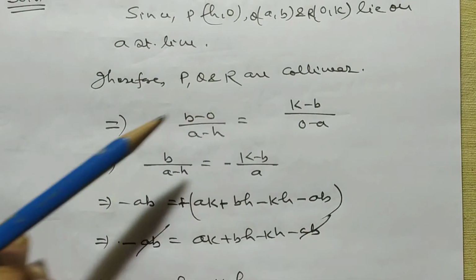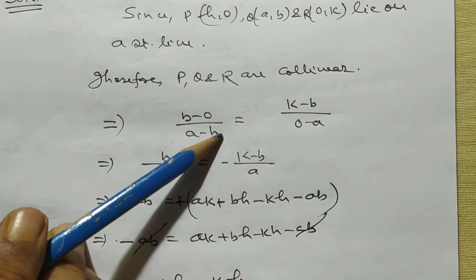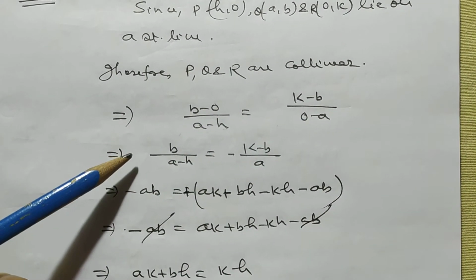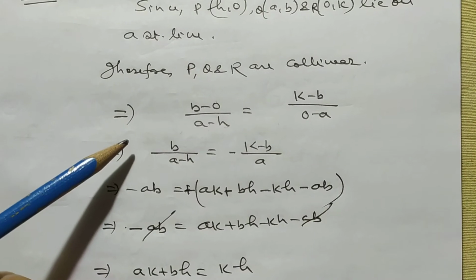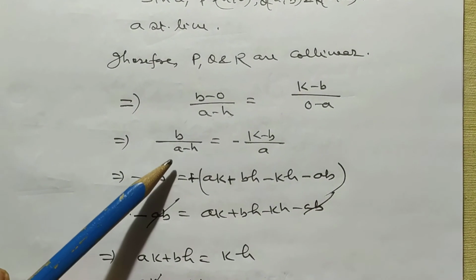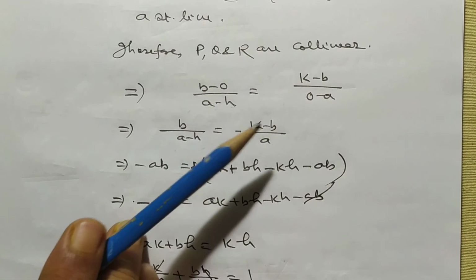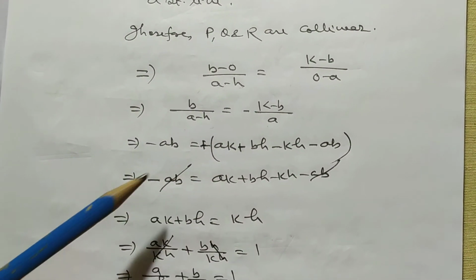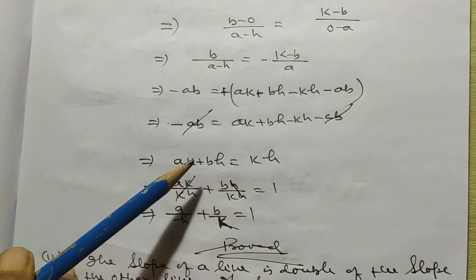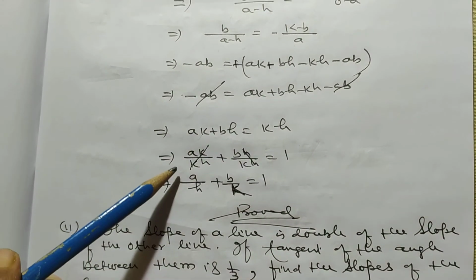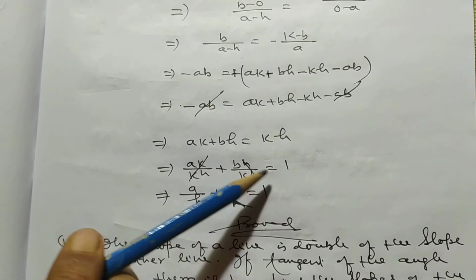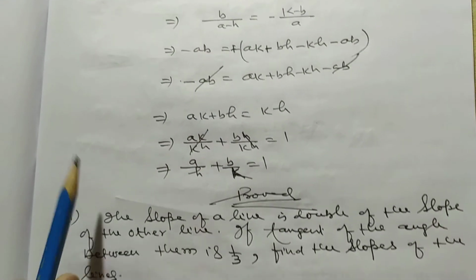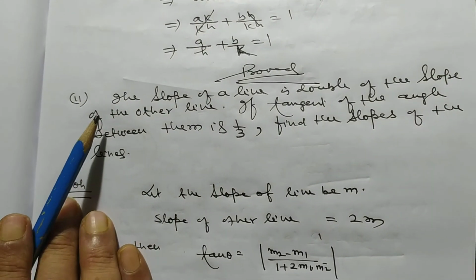So (b minus 0) divided by (a minus h) is equal to (k minus b) divided by (0 minus a). These are the slopes of the same straight line. So b by (a minus h) is equal to minus (k minus b) by h. After solving, we have ak plus bh is equal to kh. Dividing both sides by kh, we have a by h plus b by k is equal to 1. In this way, we can solve this problem.